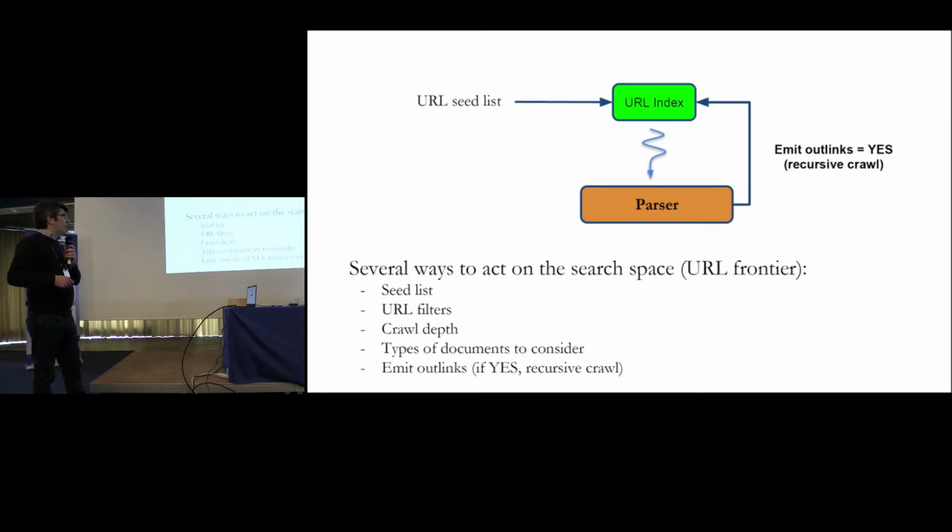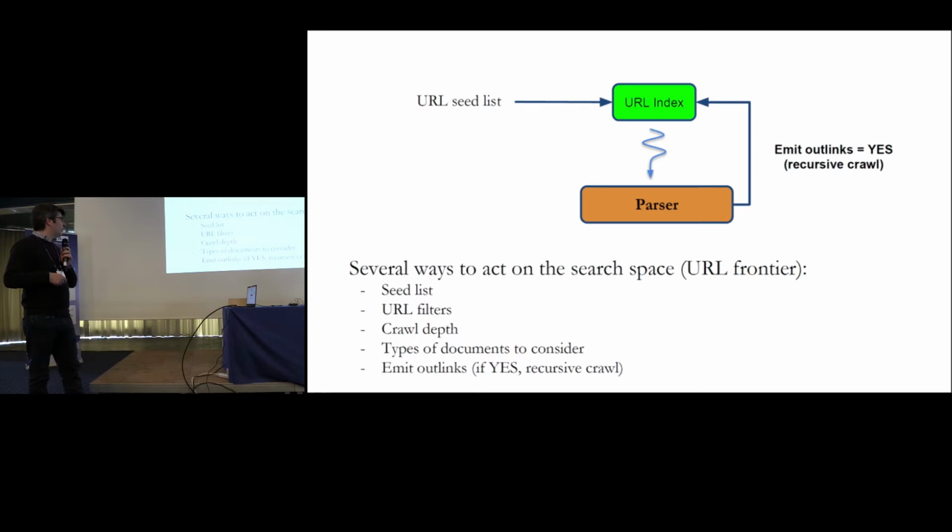Now, to speed up the crawls and to make it more efficient, you can work on the search space or the URL frontier of the crawler. You have several ways to do that. One first, of course, is the URL seed list, so the starting point. And then you can set up some URL filters where you can discard some domains and so on if you don't want to go out on certain specific servers.